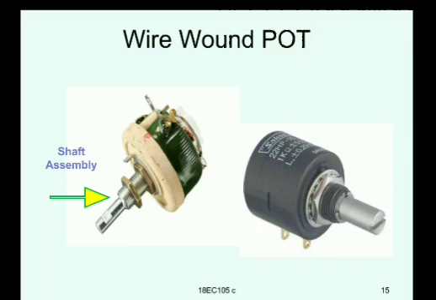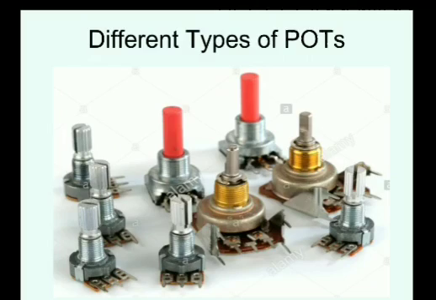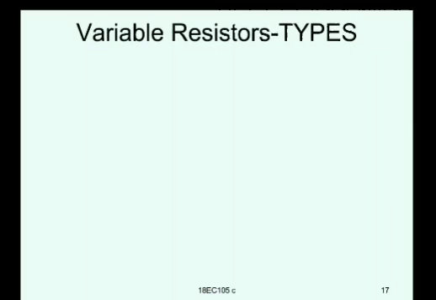So a completed fully assembled pot for use will look like this one, that is on your right side, and on the bottom you can see the lugs you call, or the terminals to make the connections out into the circuit. So these are some of the pots which are commonly available in the market and which are used rather. Let us see variable resistor types.